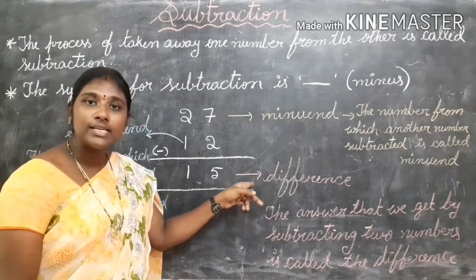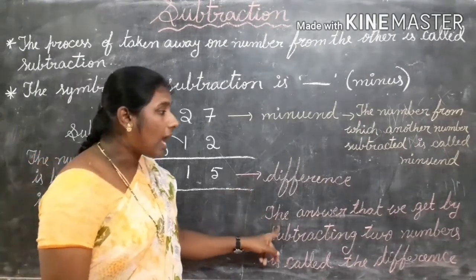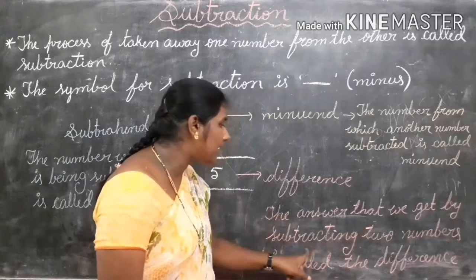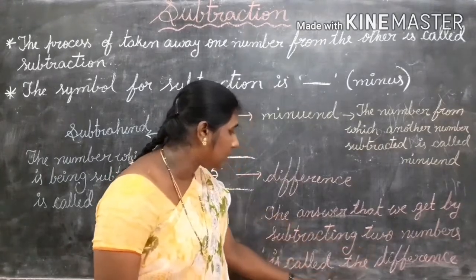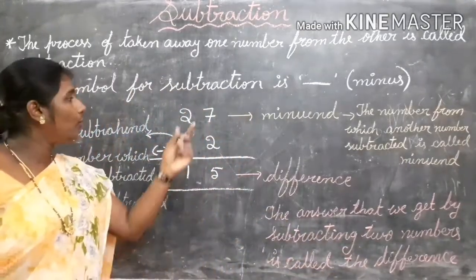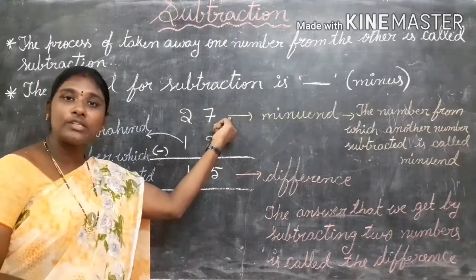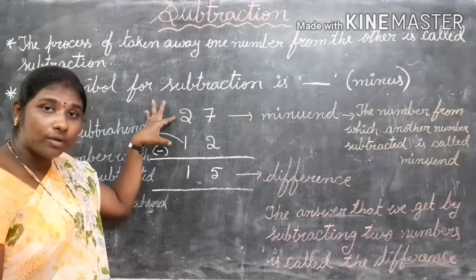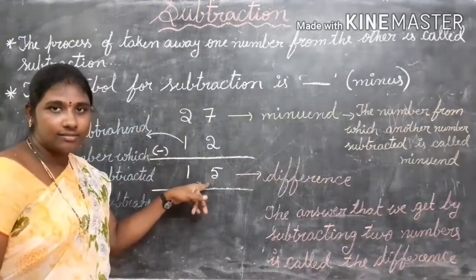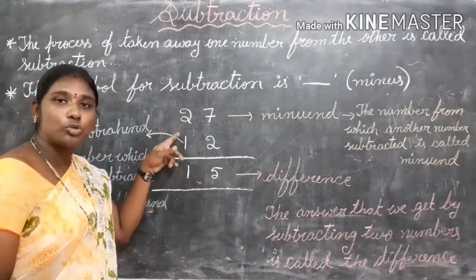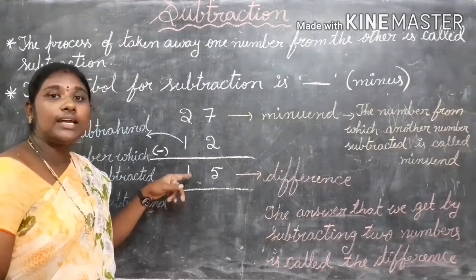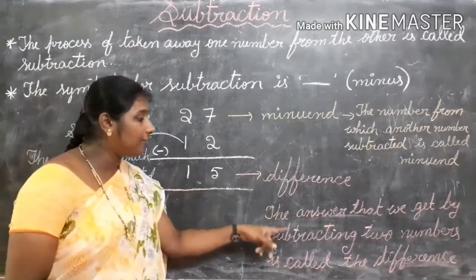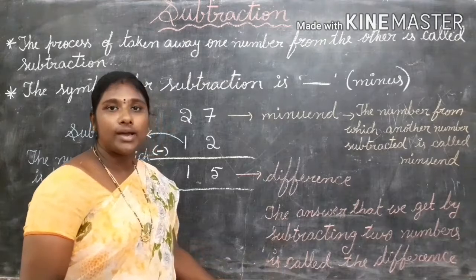The answer that we get by subtracting two numbers is called the difference. We did the subtraction of these two numbers and we get one answer. That answer is called the difference of the numbers.